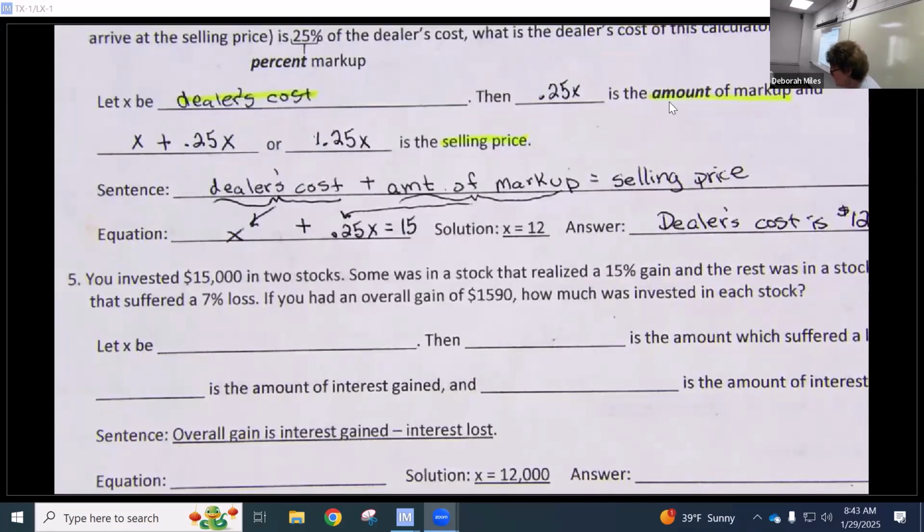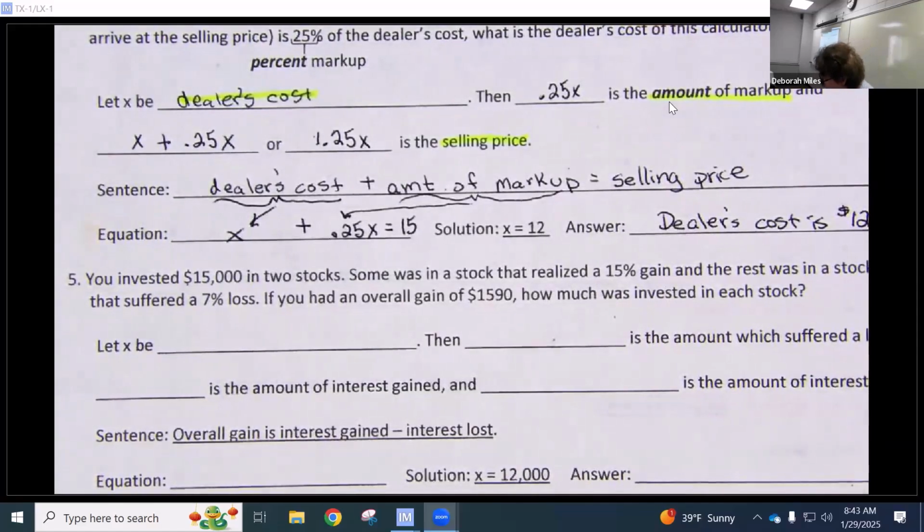I know the total amount invested was 15,000, so I need to be more specific than that. It's the same amount in both. Not the same amount in both. I have two investments here. Yeah, two stocks.